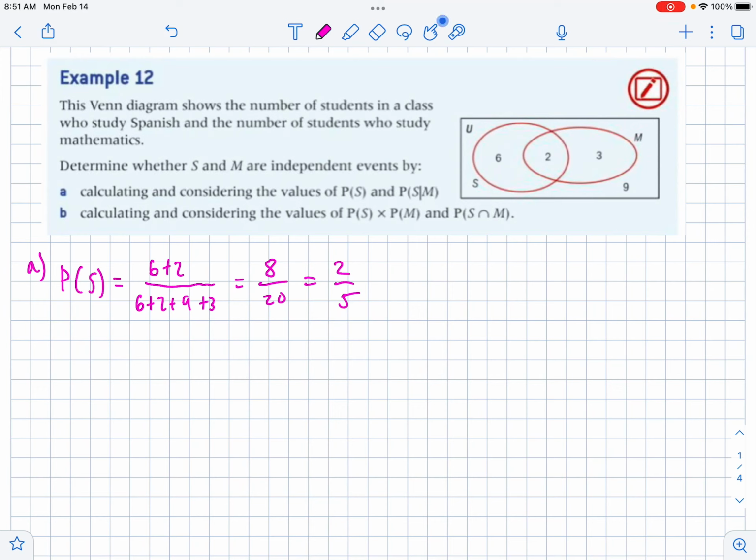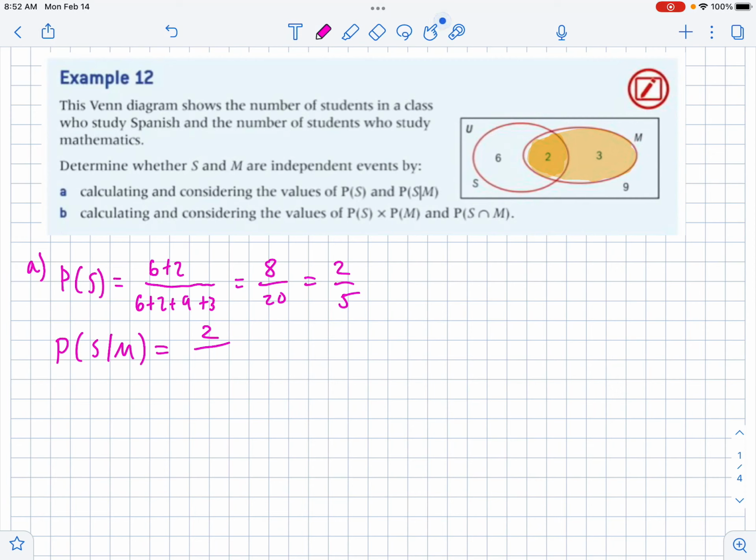Now, the probability of S given that M already happened. M, if we look at it, is just 5 things, and then 2 of them are within S. So it's 2 out of 5.